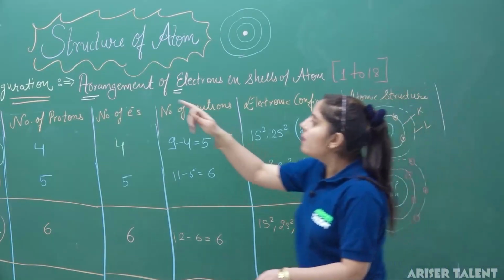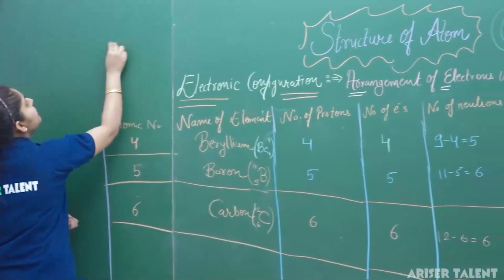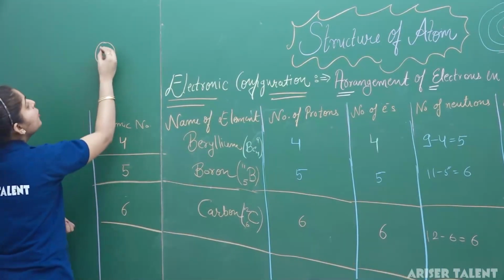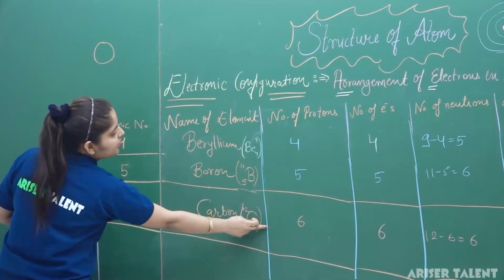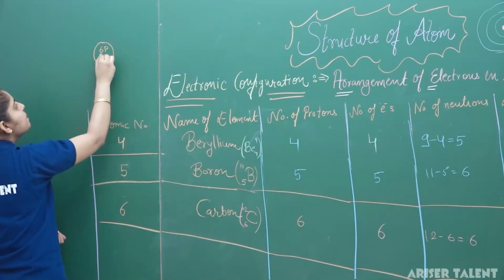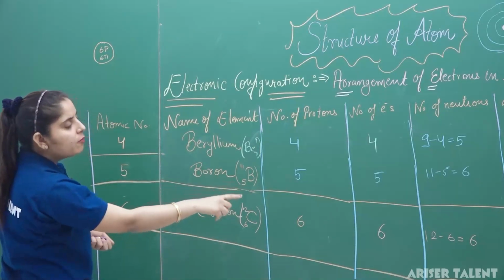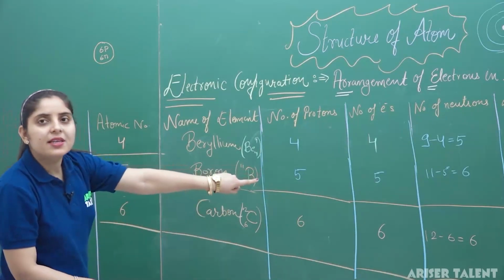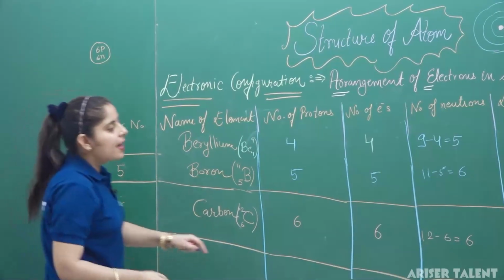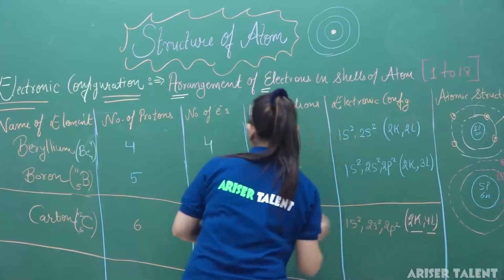I am drawing the atomic structure for this diagram here. In the center we have the nucleus. The nucleus has 6 protons and 6 neutrons. So we can write 6p and 6n. Now our electronic configuration is 2 electrons in K shell and 4 electrons in L shell. Here it is 2K and 4L.